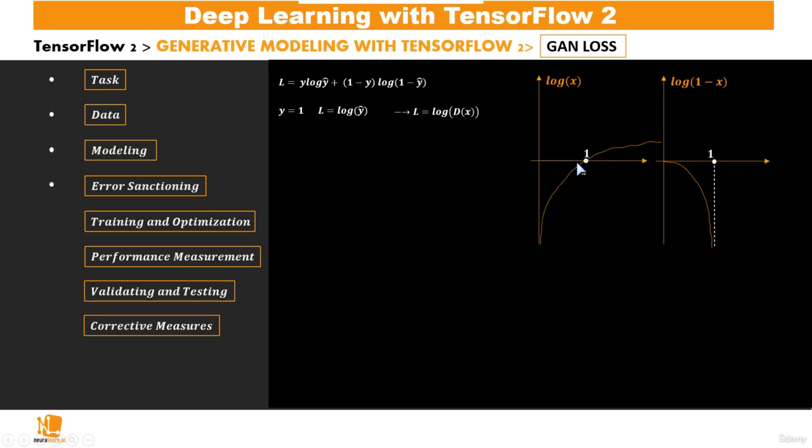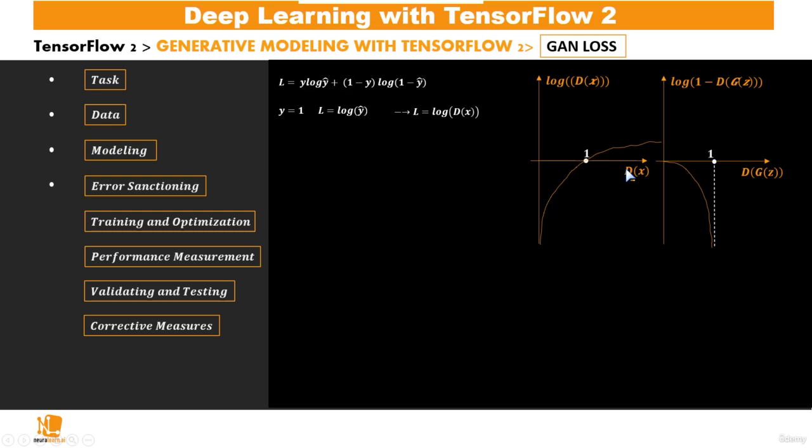And at this point, we have the maximum value, which is L equals 0. That is when D(x) equals 1, we have this maximum value right here, because these other parts aren't considered, since this is the value of D(x). So instead of having a log of x, we could replace this with D(x).